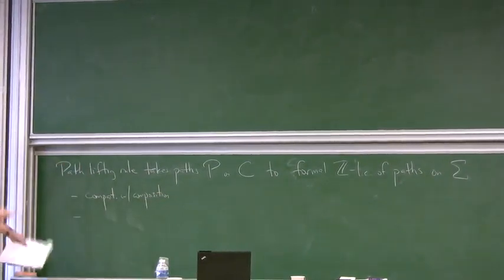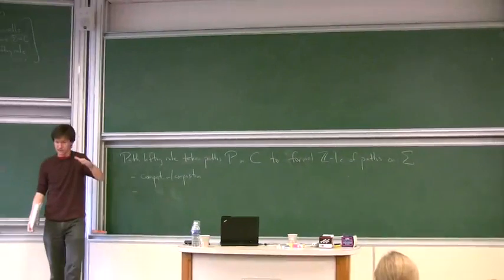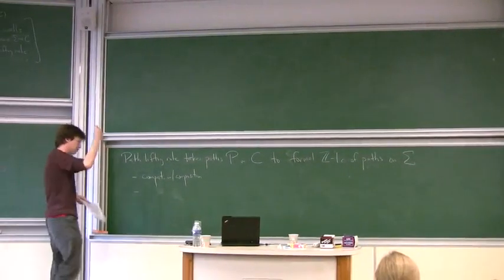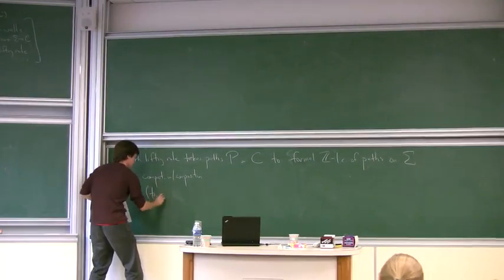This property would be satisfied just by the most trivial kind of path lifting, where you just lift every path to all of its pre-images upstairs. But the other thing was that it had this kind of twisted homotopy invariance.